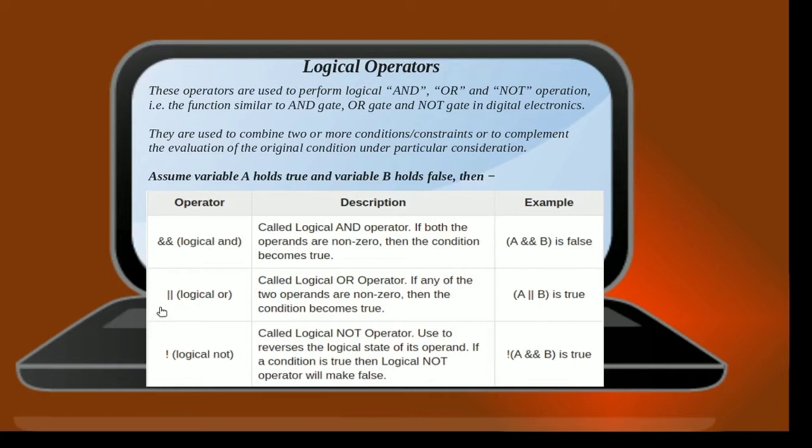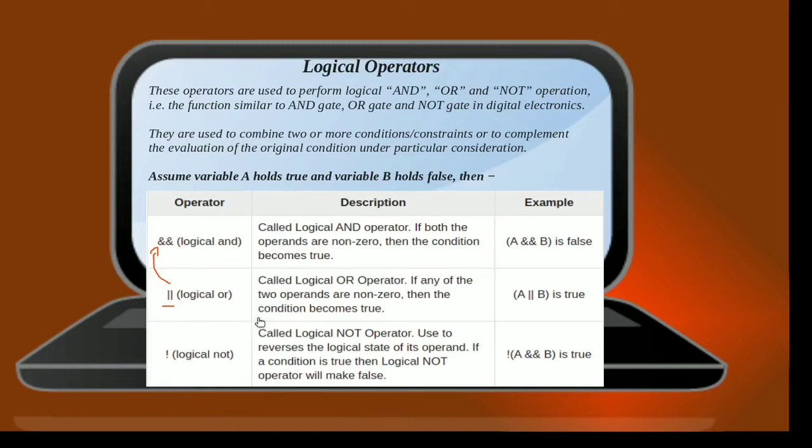Now coming over to the logical OR, which is denoted by two pipe symbols, the functioning of logical OR is similar to that of the logical AND. Just like logical AND, logical OR also needs two boolean inputs.